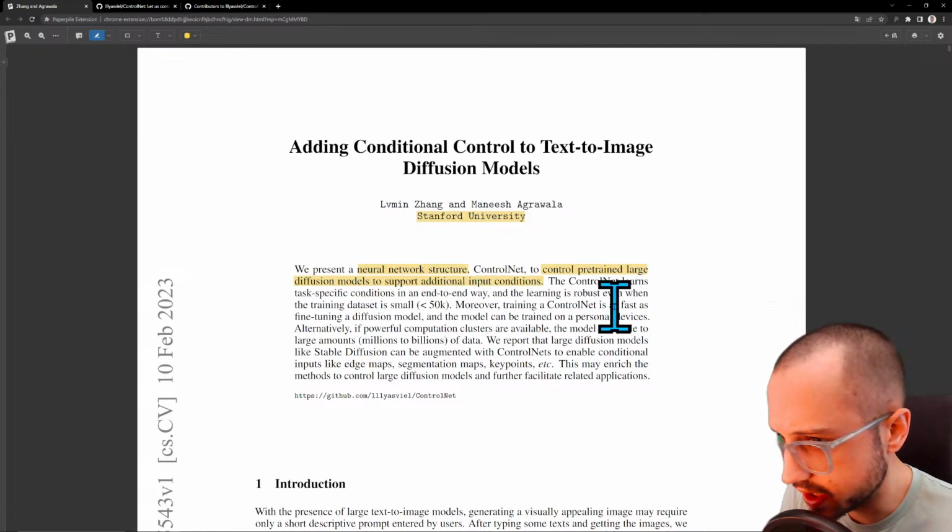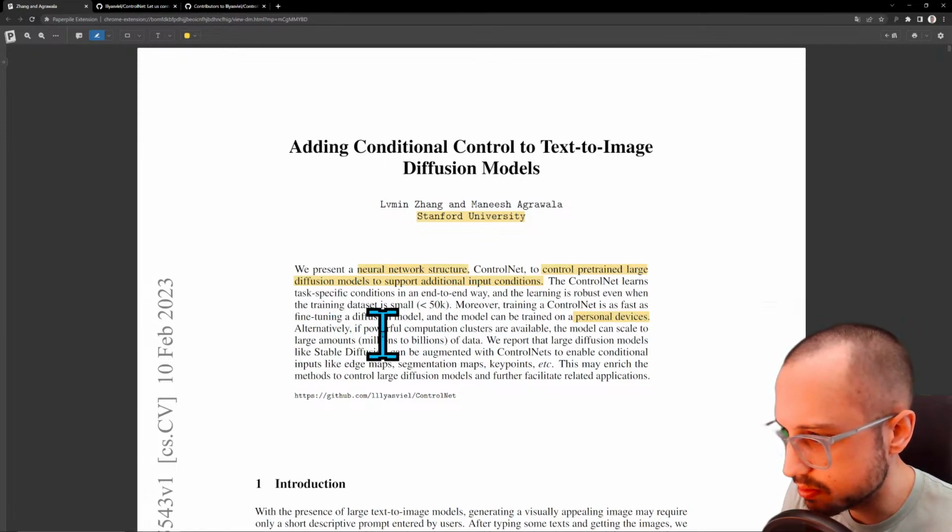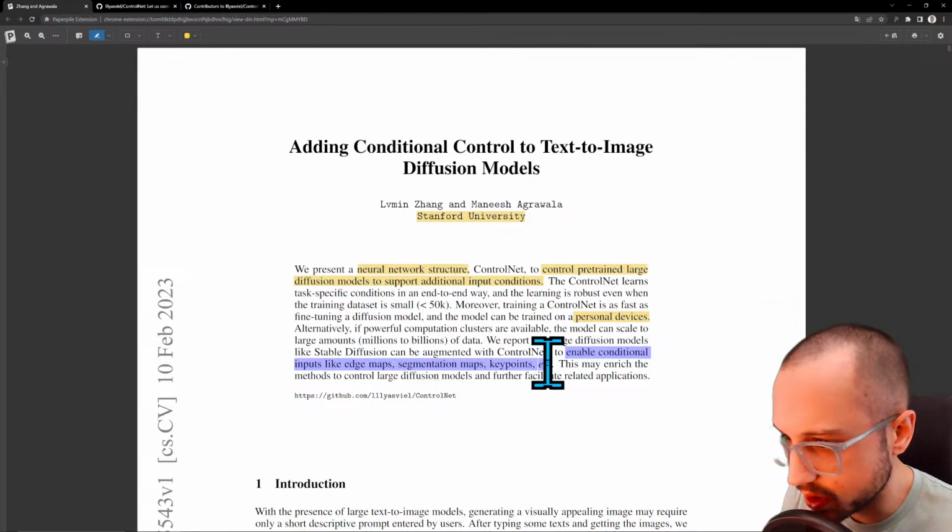Moreover, training a ControlNet is as fast as fine-tuning a diffusion model, and the model can be trained on personal devices. Does that mean cell phones? Probably not. It probably means GPUs at home. Alternatively, if powerful computational clusters are available, the model can scale to large amounts, millions of data. We report that large diffusion models like Stable Diffusion can be augmented with ControlNets to enable conditional inputs like edge maps, segmentation maps, key points, etc.